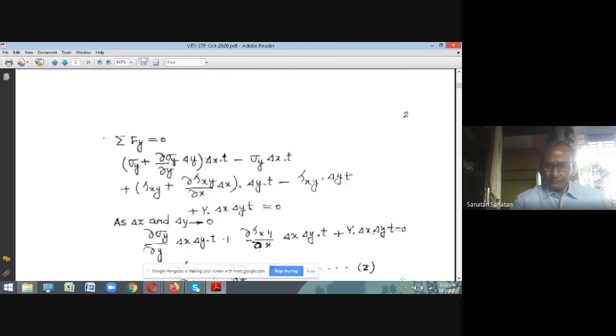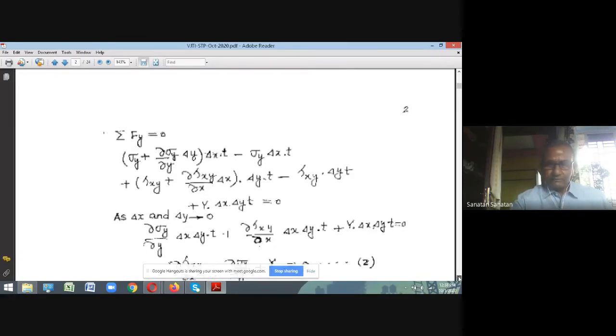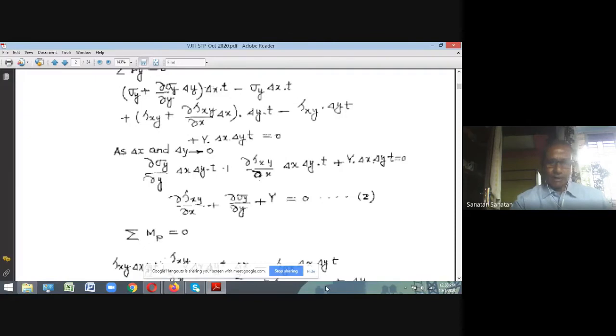So you see, these two equilibrium equations, and we have three functions, sigma x, sigma y, and tau xy, to be determined. We have three unknown functions but only two differential equations, so the problem is statically indeterminate. Statical equilibrium equations cannot help us solve for the three unknowns.